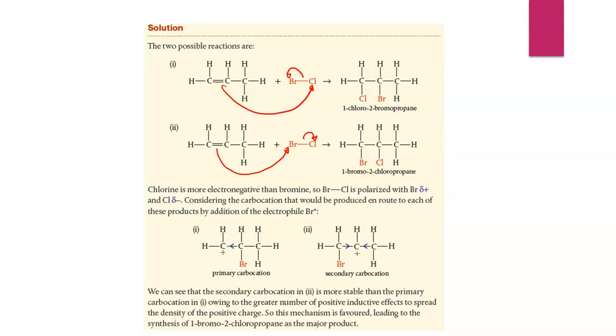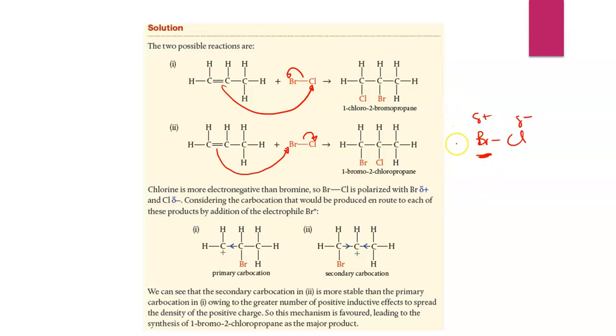If we remember from our periodic table, chlorine is closer to fluorine, and looking at our electronegativity values, chlorine is more electronegative than bromine. So our polarization, as we were talking about before, means that we have the delta plus and the delta minus, which means that the bromine is going to be the first one to attach, and will attach to the least substituted carbon.